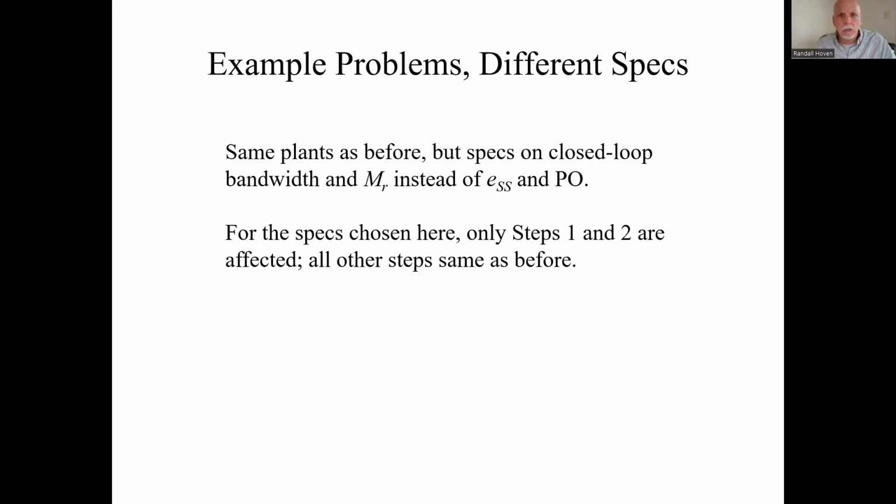So we'll talk about how, instead of a steady state error spec, we're going to be given a closed loop bandwidth spec. And I'll show you how to go from that to a K naught.